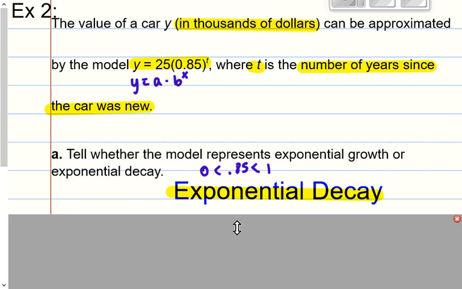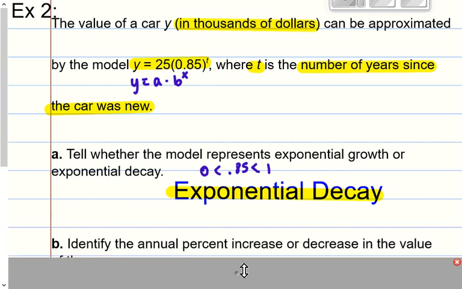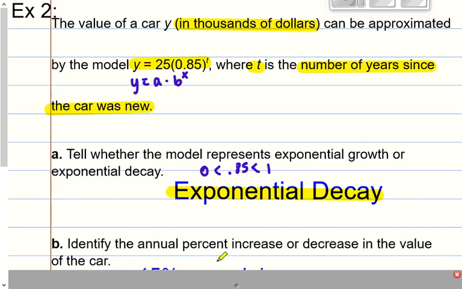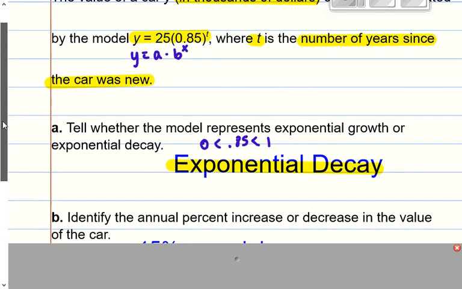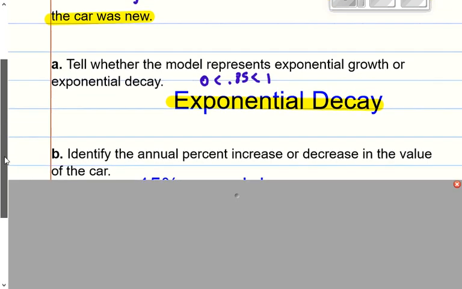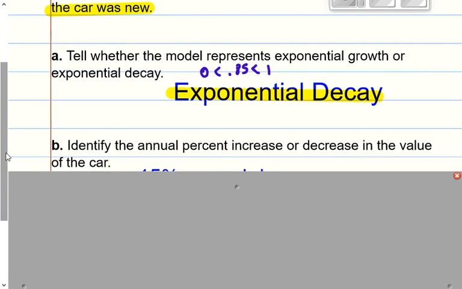Now, the next one says, identify the annual percent increase or decrease in the value of the car. To find the percent increase or decrease, we are going to use that 0.85. And first of all, is it going to be increase or decrease?